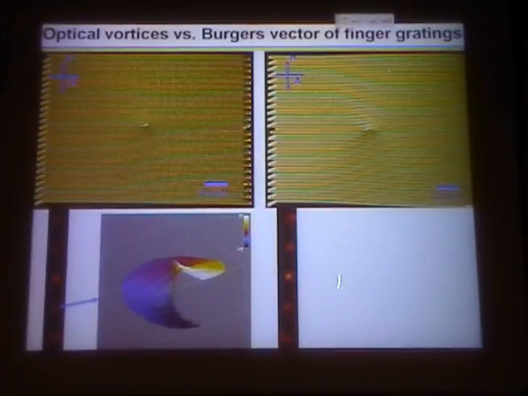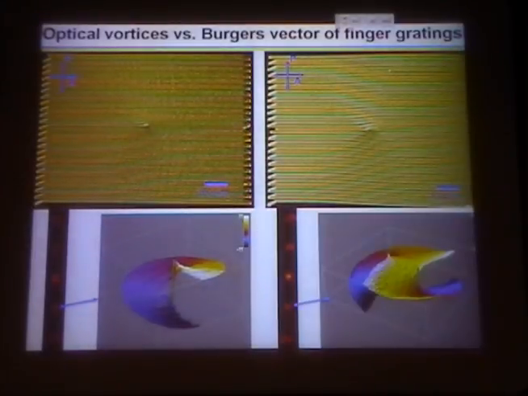By probing the corresponding phase singularities and phase profiles, we can establish the relation between the Burgers vector of the dislocation in the diffraction grating and that in the diffracted beam of light in the given order of the diffracted beam, right?